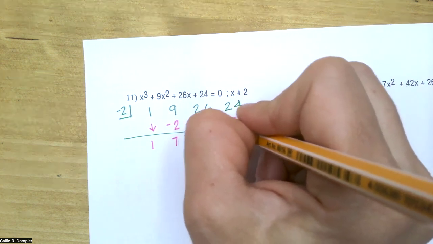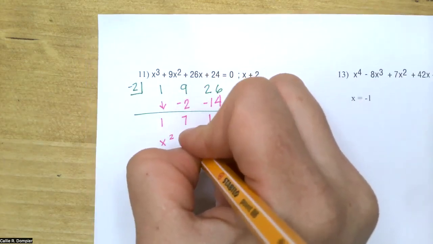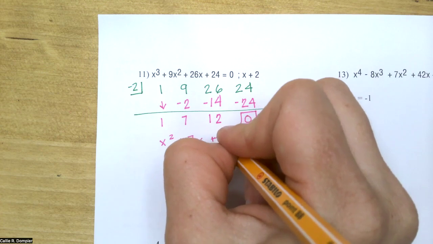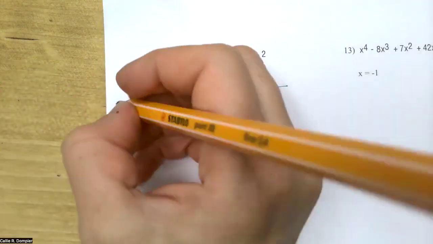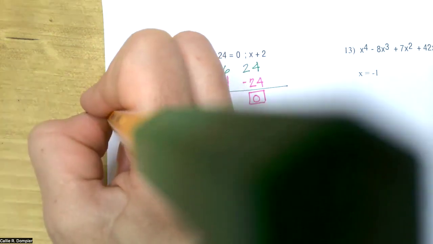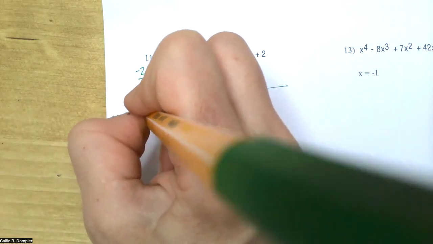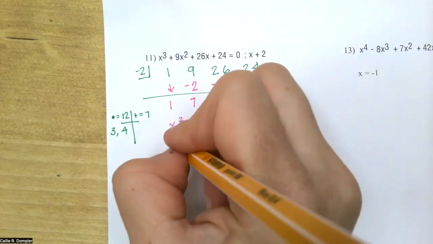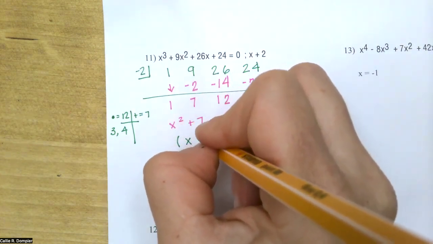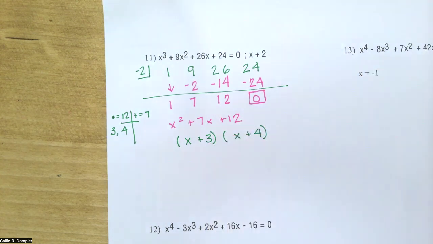So that's a 0. And then we've got 1x squared plus 7x plus 12. Now let's think about, can we factor this? Are there any numbers that multiply to equal 12 and add to equal 7? I think it's 3 and 4, right? So this will just be x plus 3, x plus 4.